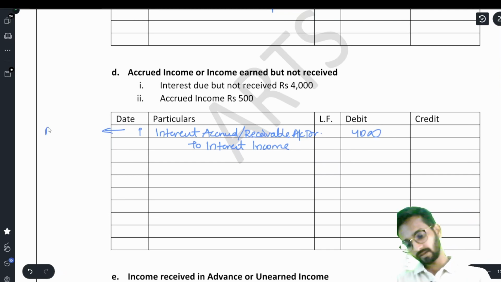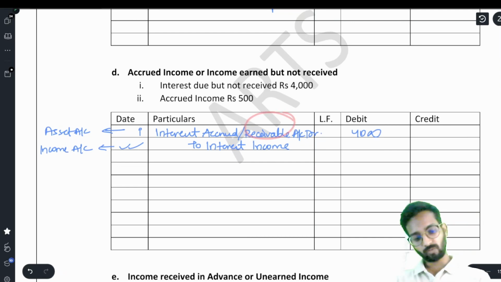This is my asset account and this is my income account. I earned the income, but because I did not receive it, I will write interest is still receivable. How much money? 4,000.